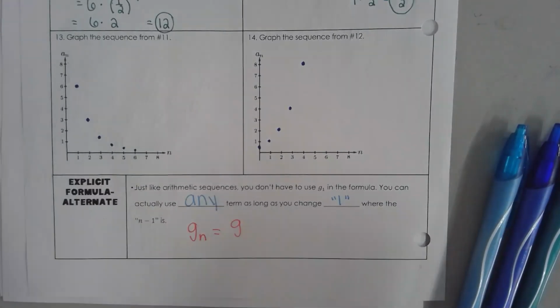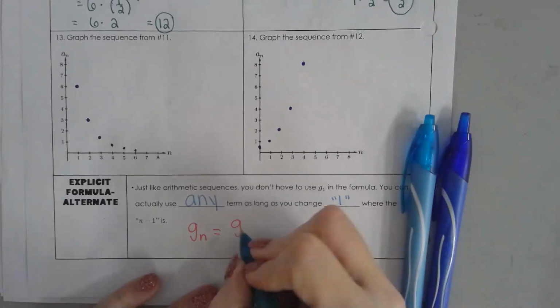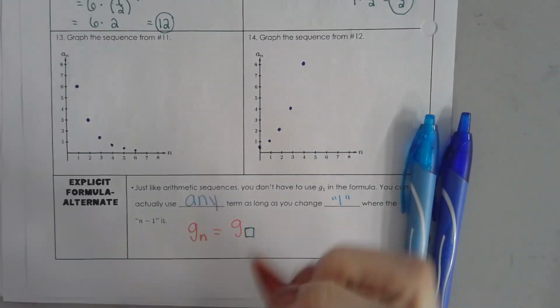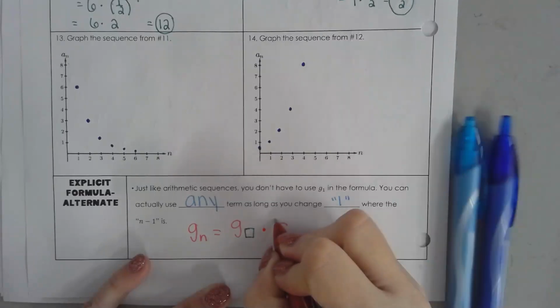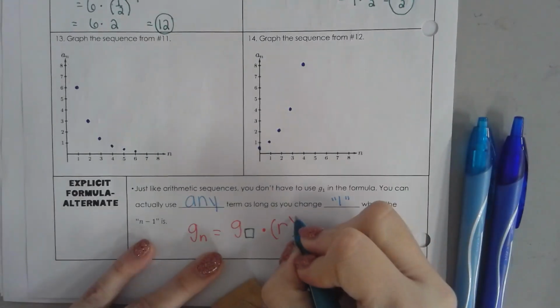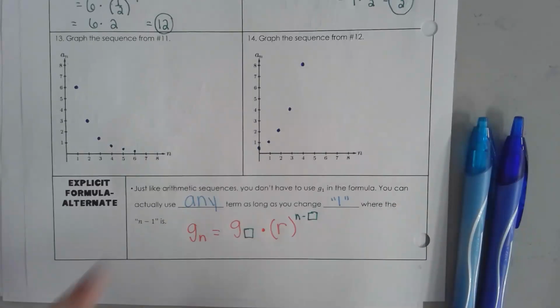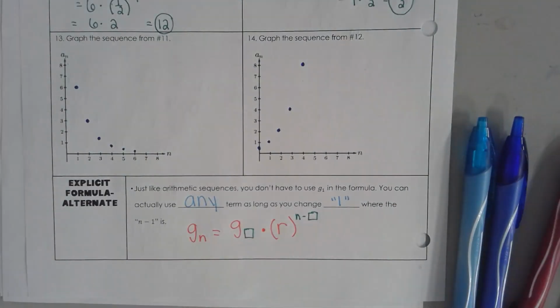So you can really use anything there. And the reason you would want to do that is because sometimes you are not given the first term. Sometimes it tells you, like, the fifth term is this. So instead of having to work backwards to find the first term, you can just use what you got. Makes it a lot easier.